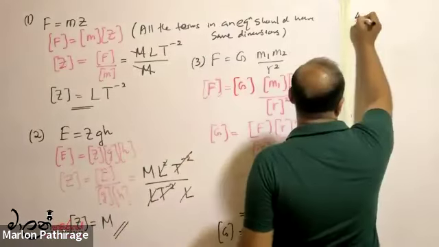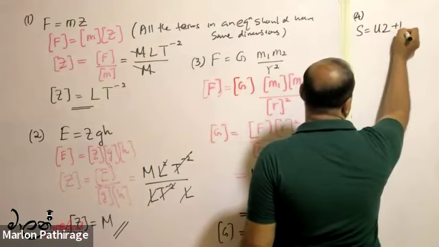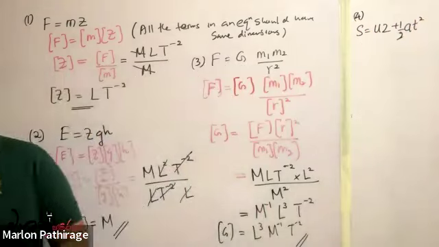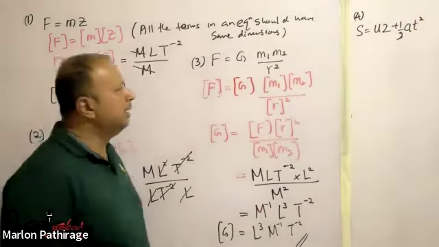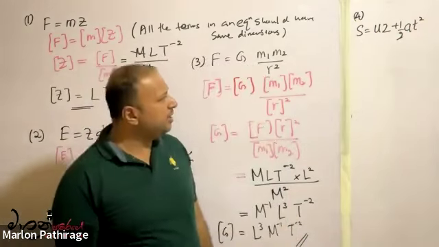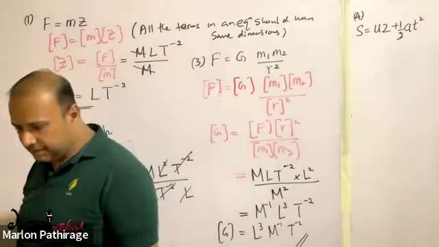Next, the fourth one. S equals U t plus half A t squared. You need to determine the dimension of Z. In this case, you are given S is a distance.